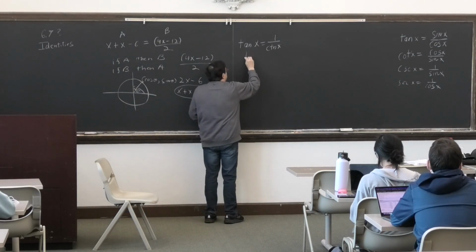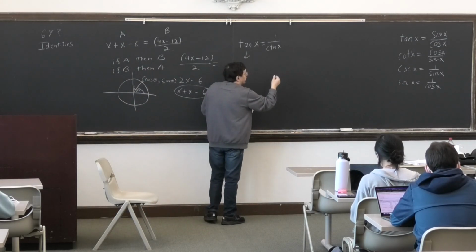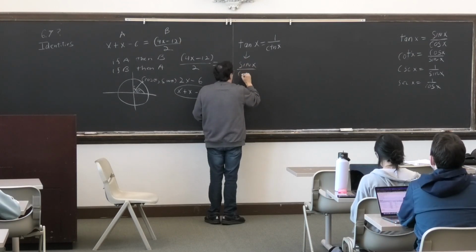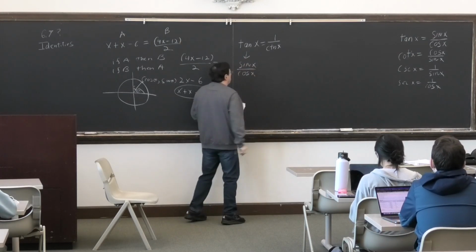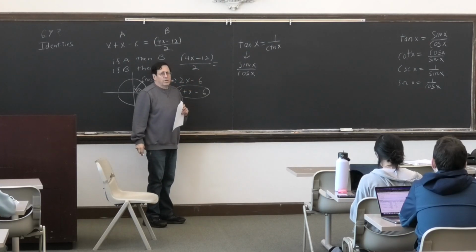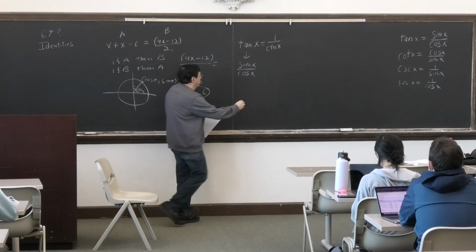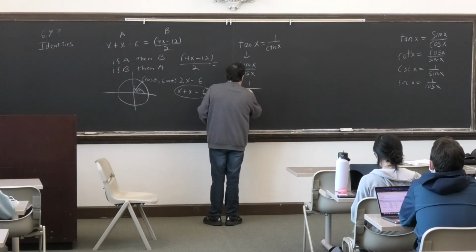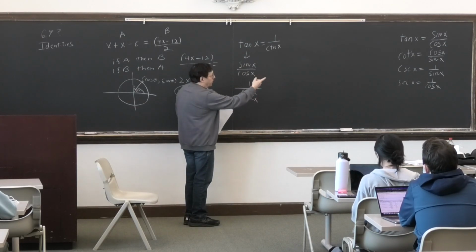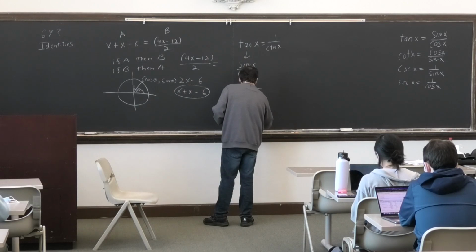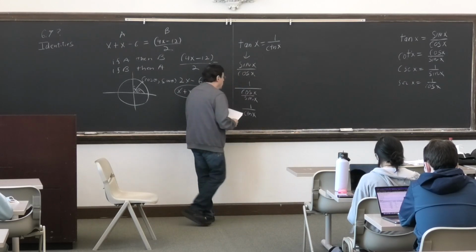We're going to take the tangent of x, and from our definition, we know it's the sine of x over the cosine of x. Using our knowledge of fractions, we know that this is 1 over cosine of x over sine of x. And then finally, from our definition, we know that that's 1 over cotangent of x.